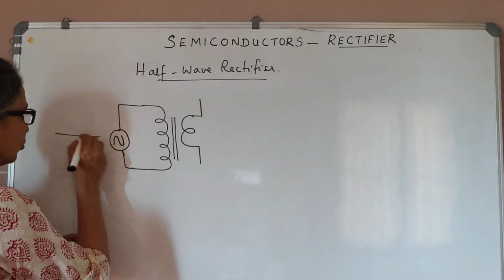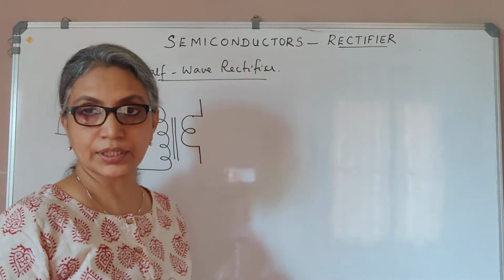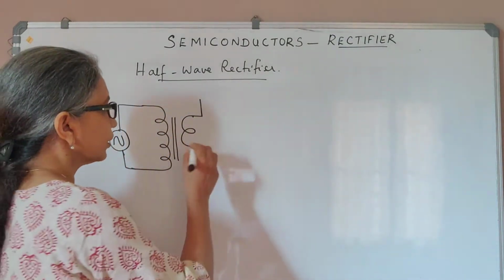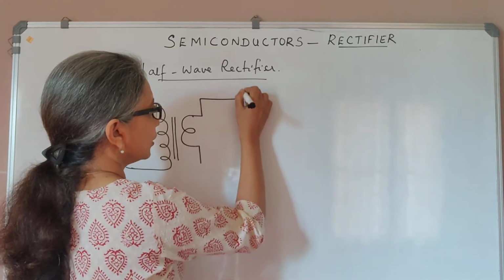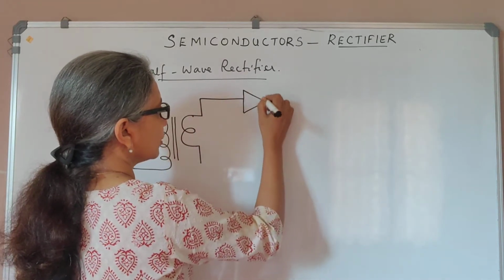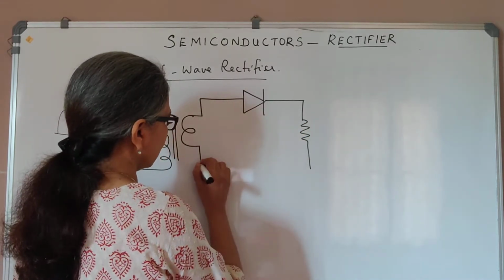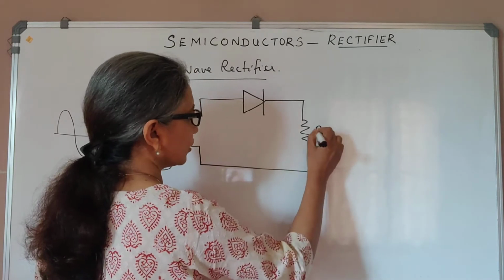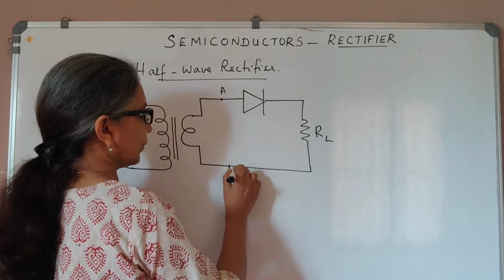So the supply voltage is an alternating voltage, a positive half cycle and a negative half cycle. This secondary terminal is connected to a diode, the symbol of a diode, and then to a load resistor RL. Now I'll call this point A and this point B.